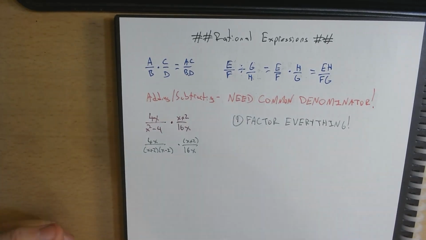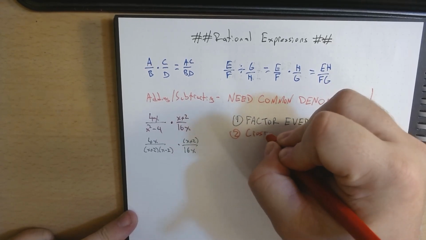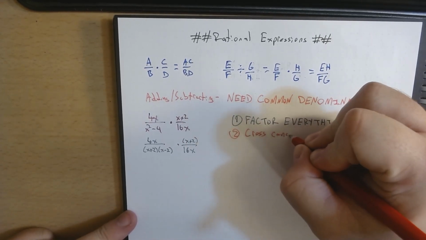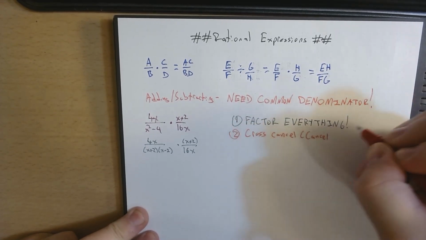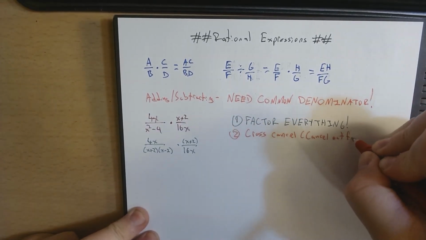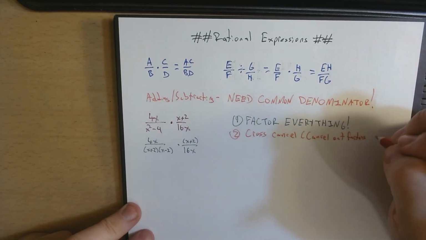What you're going to try to do now is cross cancel. You can cancel out factors, top and bottom.